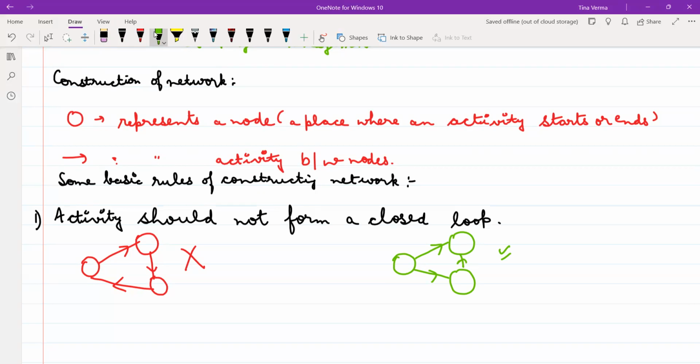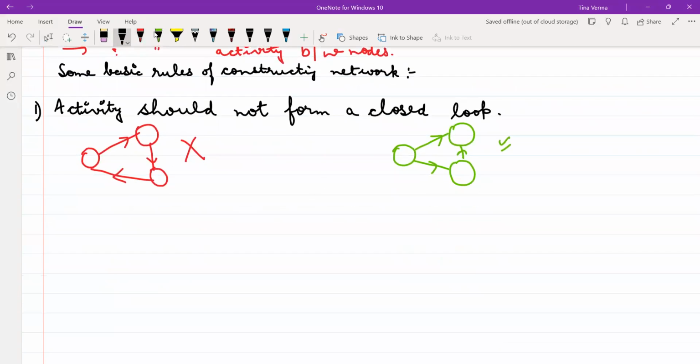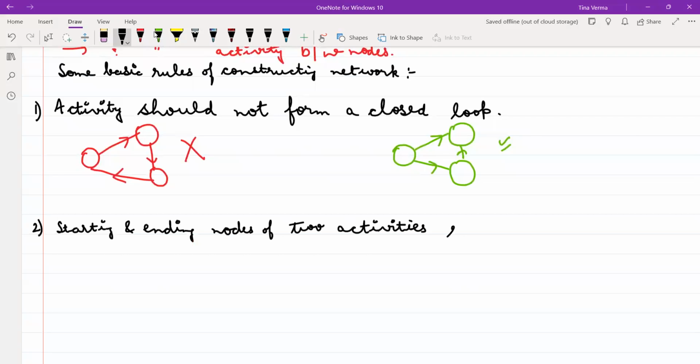Is it clear? Right? The second is that the starting and ending nodes of two activities should not be the same.